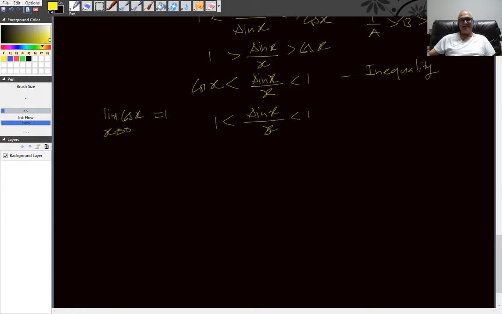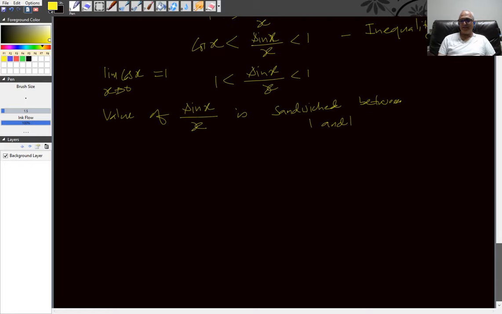So you see that the value of sin x by x is sandwiched between 1 and 1, and it looks a lot like the sandwich theorem of limit.